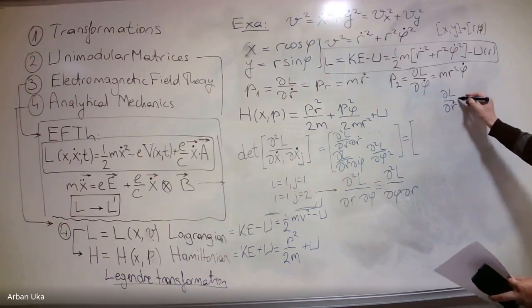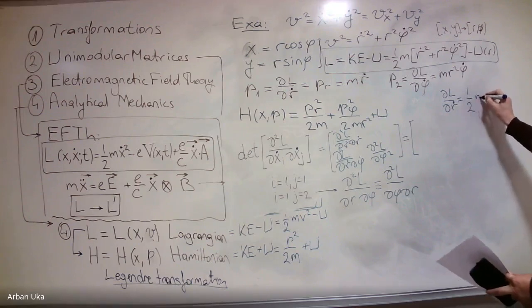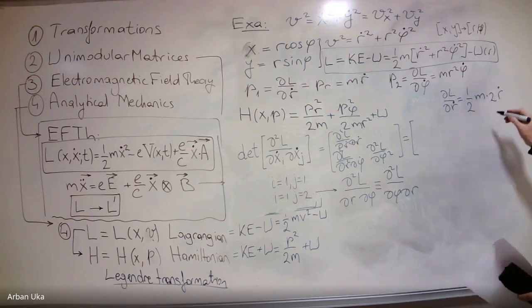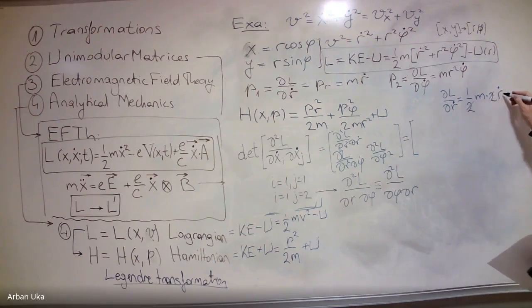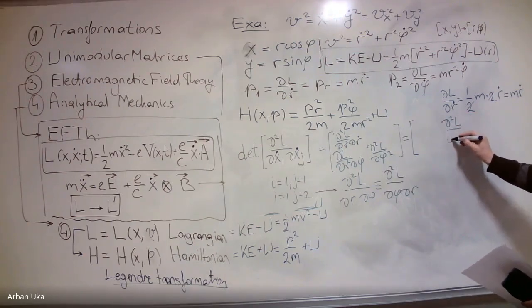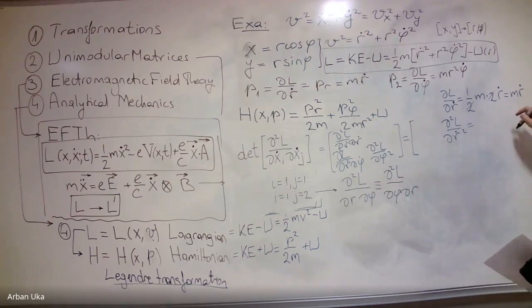Yes, r dot. You get this one, right? Then if we take the derivative once again, what is the derivative of this term? Would you agree that we get such an answer?